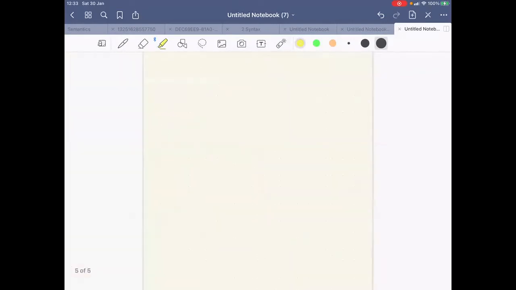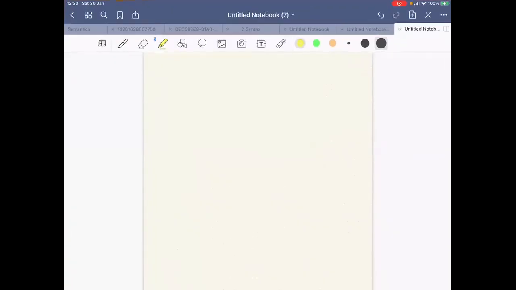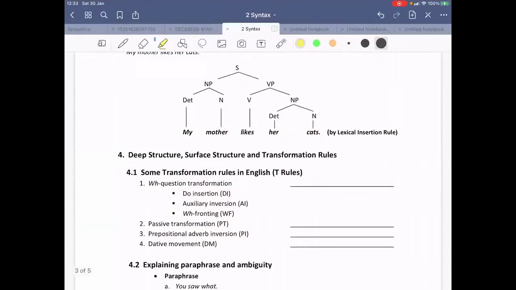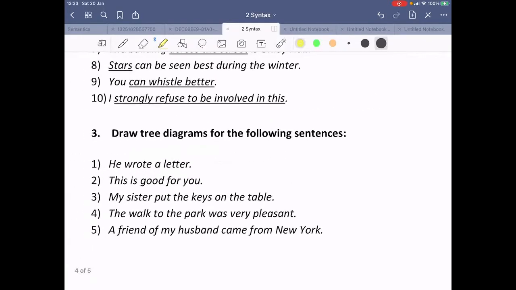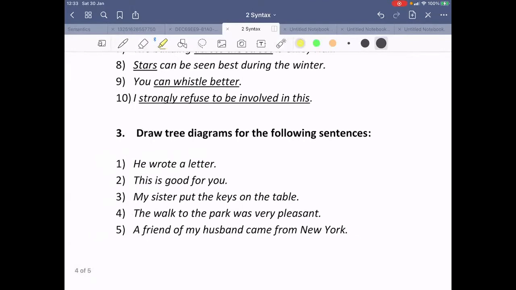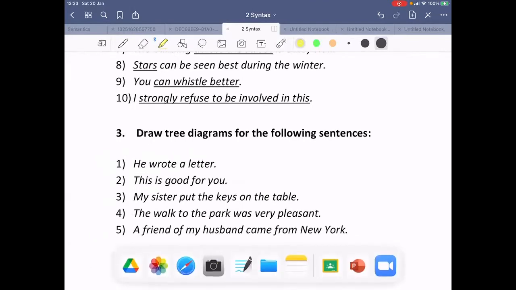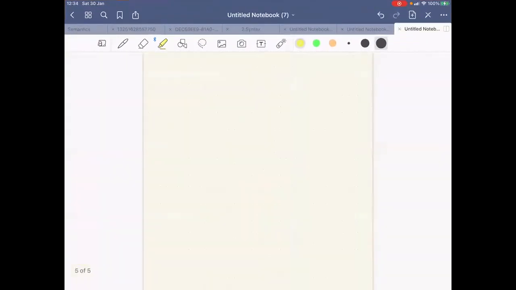Okay, let's move on to the next one. Now I'm going to work on the sentences in exercise number 3 that we have on page 4. All right, so we got 5 sentences. Let's start with the first one, which is he wrote a letter.